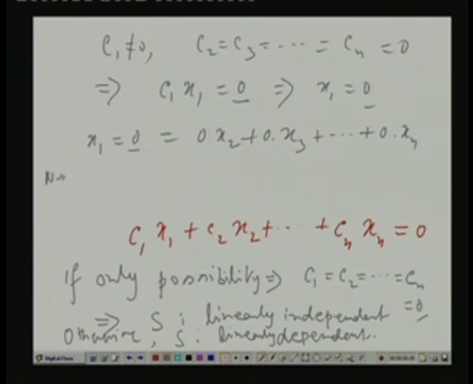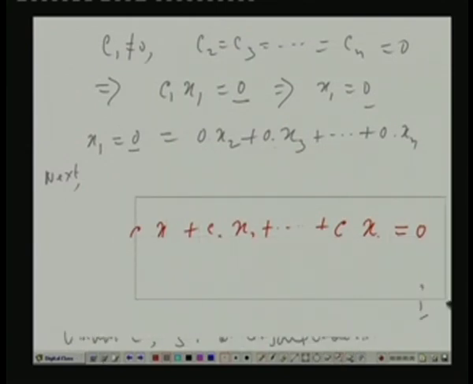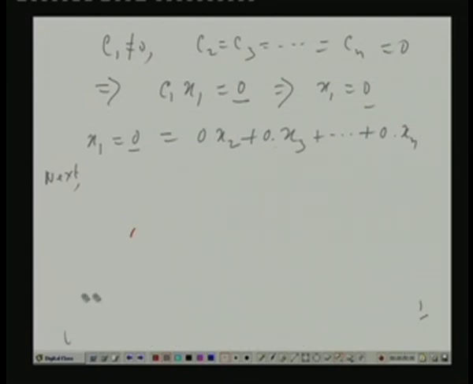Next, suppose C1 is not equal to 0, C2 is not equal to 0, but C3, C4, up to Cn are equal to 0.